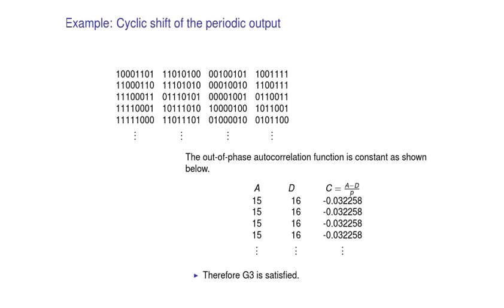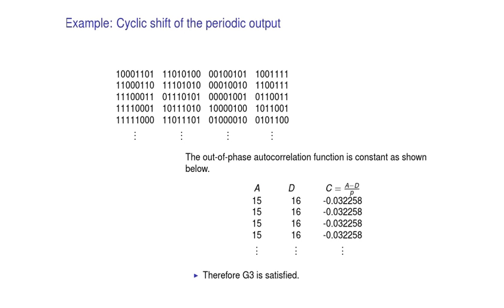It will be minus 0.032 something. And then we do another right shift to the second stream we get, and then we measure the same out of phase autocorrelation. So when we do bit by bit right shifts, this value should give approximately the same out of phase autocorrelation value. So it should be a constant value.